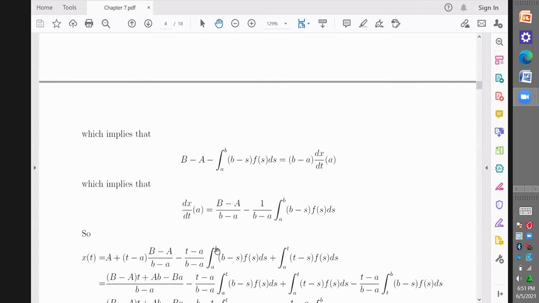This integral is from a to b, so this can be expressed as integral from a to t, then integral from t to b. So just write this as integral from a to t, then integral from t to b. So this is minus (t minus a) over (b minus a), from t to b into (b minus s) f plus ds.